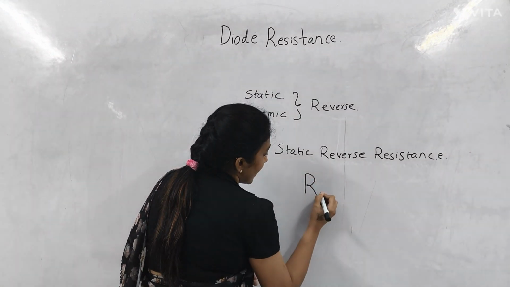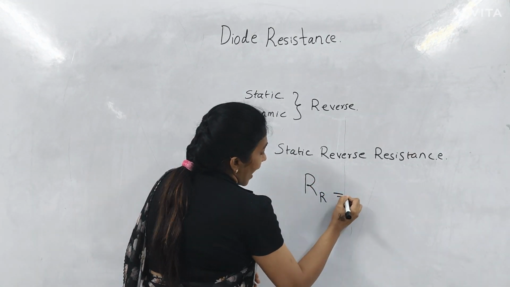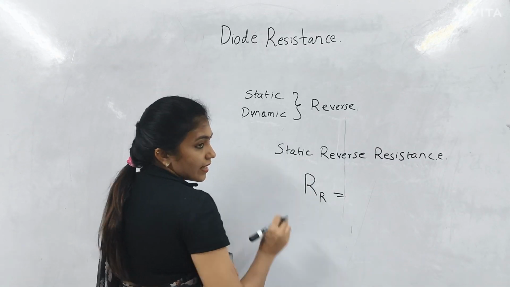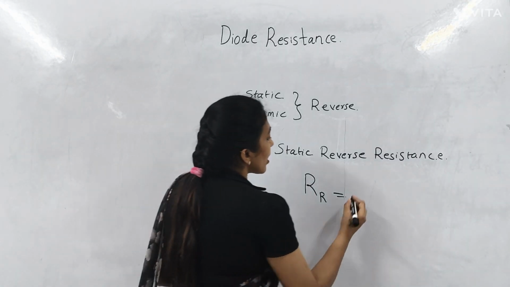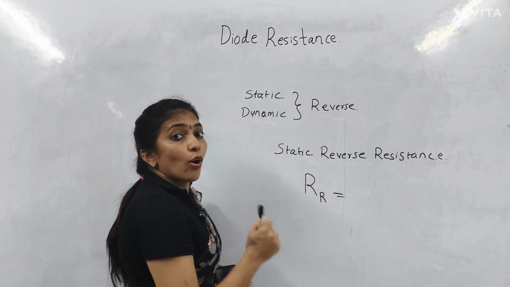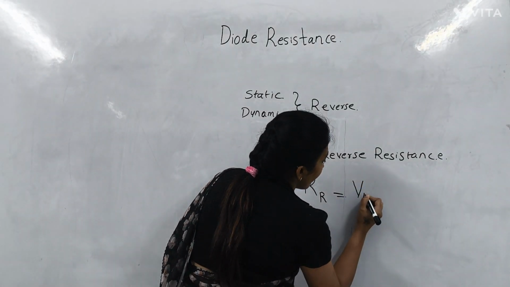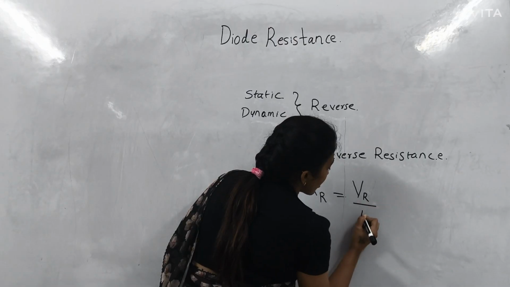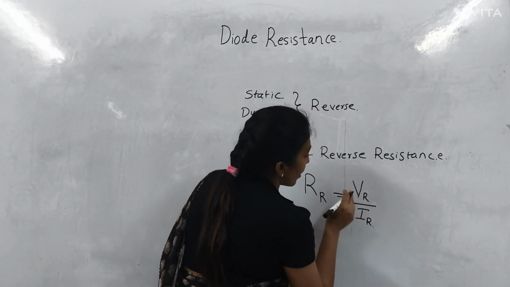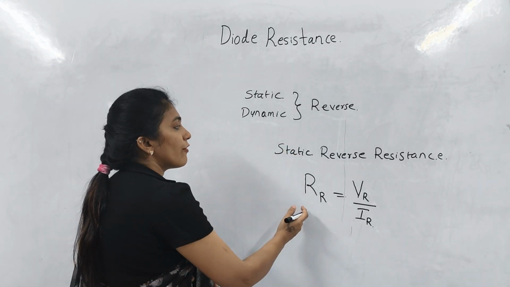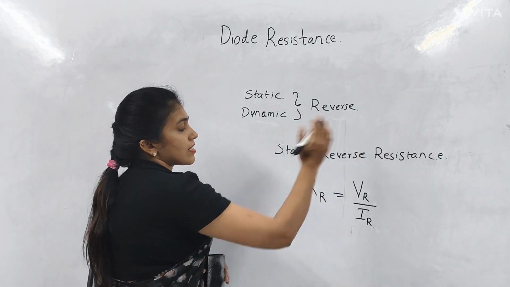Here I am indicating capital RR. RR means static reverse resistance. The formula is the ratio of voltage to current when the diode is in reverse bias condition, so the ratio of reverse voltage to reverse current. This is the normal formula for static reverse resistance.